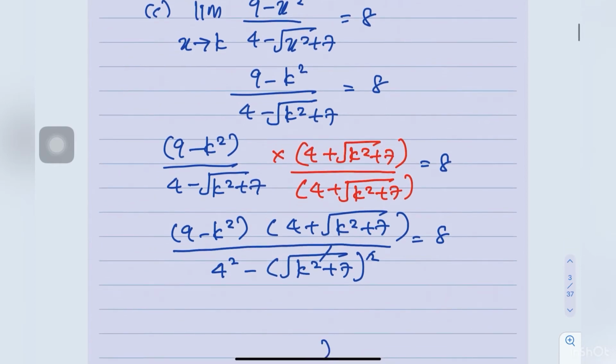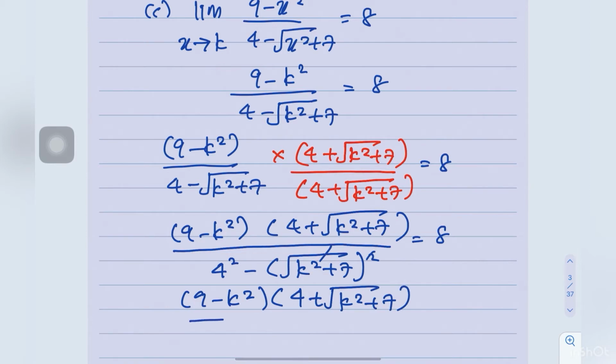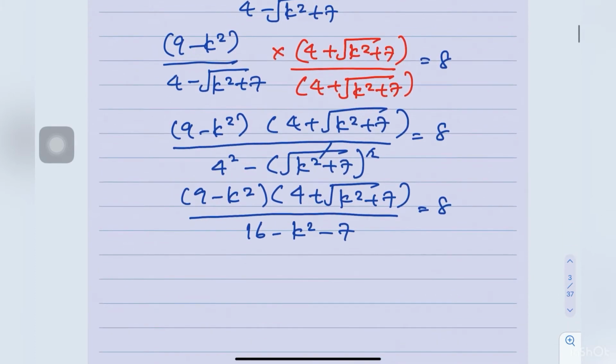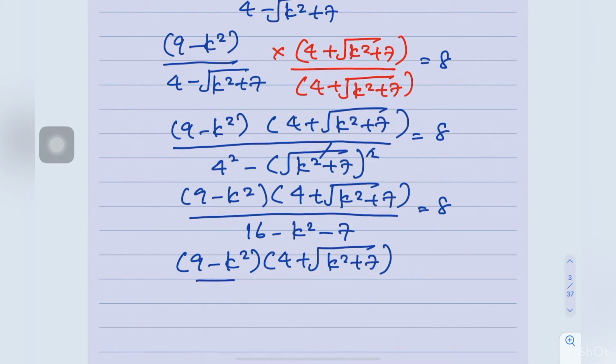So here (9 minus k squared)(4 plus square root of (k squared plus 7)) over 4 squared, which is 16, minus k squared minus 7, equals 8. So (9 minus k squared)(4 plus square root of (k squared plus 7)) over 16 minus 7, which is 9, minus k squared equals 8.